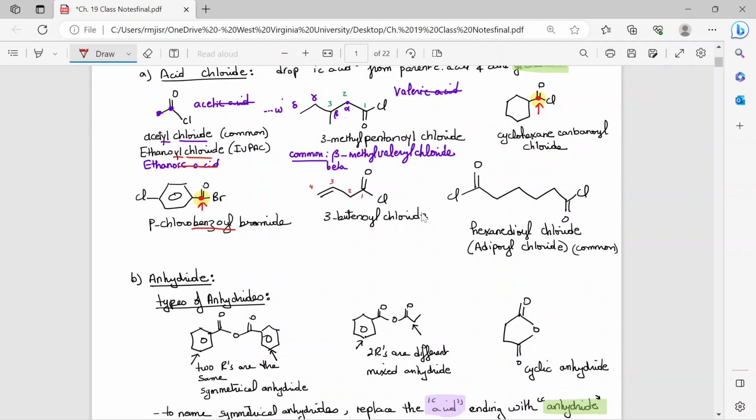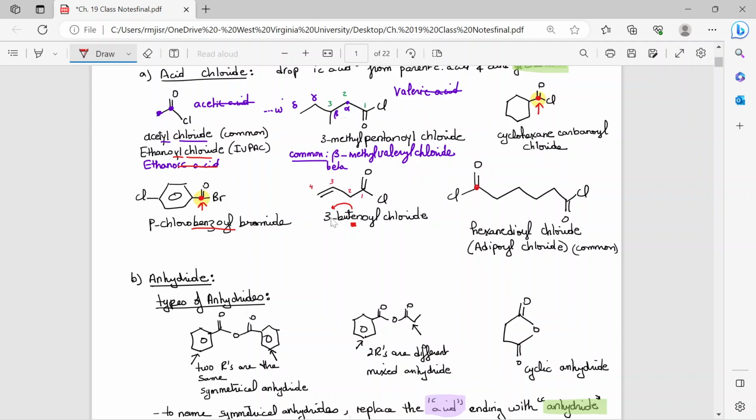Don't forget the "en" in there just to indicate that we have a double bond on carbon number 3. Now, because here I don't have any stereochemistry between carbons 3 and 4, we didn't put the stereochemistry, but if you had stereochemistry, you have to indicate if the double bond is E or Z.